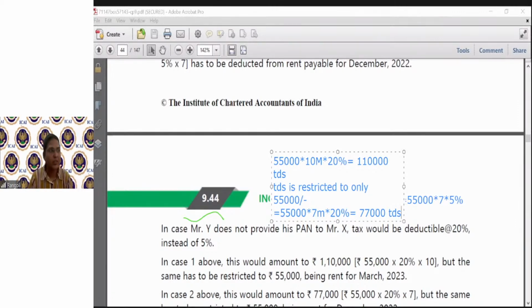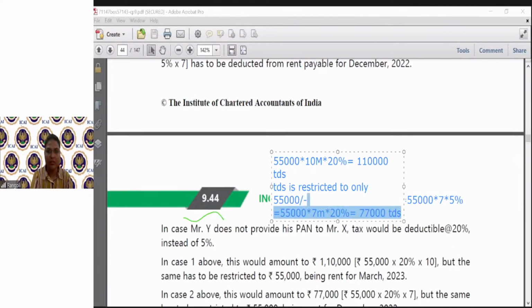Nothing is lost to the government because when filing the return of income, Mr. X will offer the income from house property 77,000 only, and he will pay tax on 77,000. That means on the rent, he will offer rent to the government 55,000 into 7 months, and he will pay the taxes accordingly. So there is no loss on account of revenue.